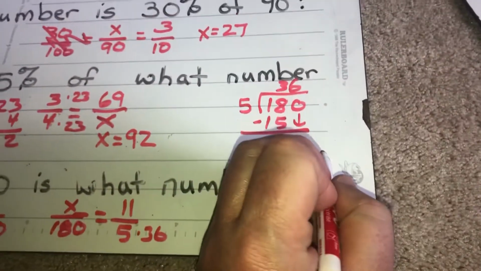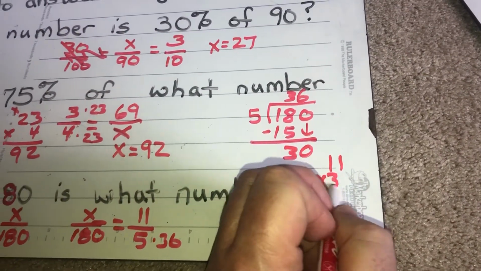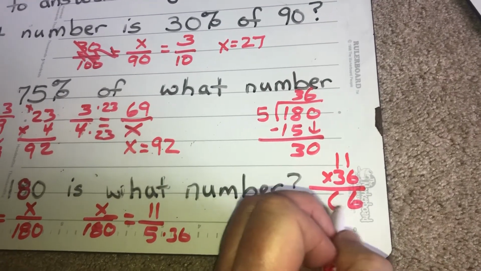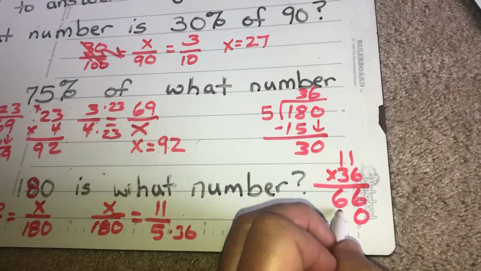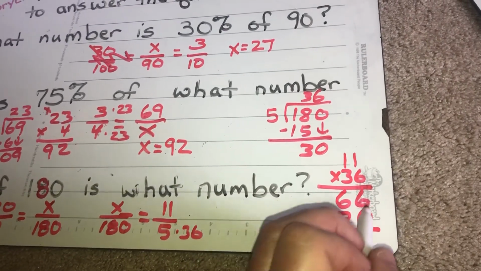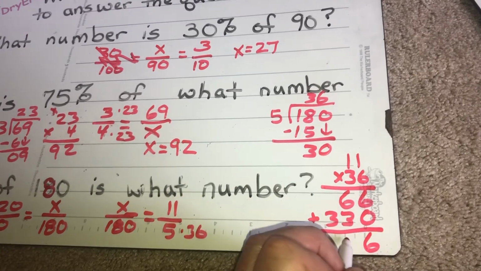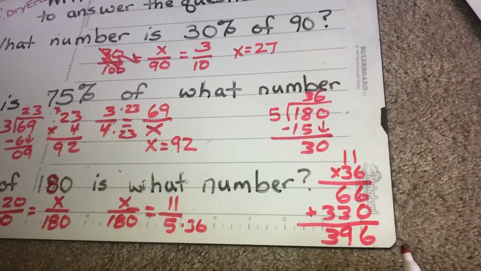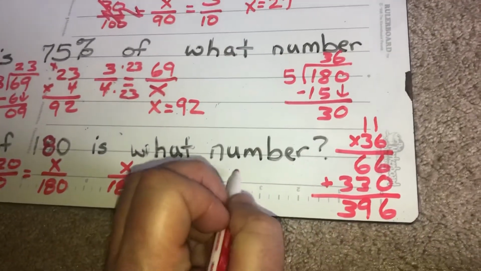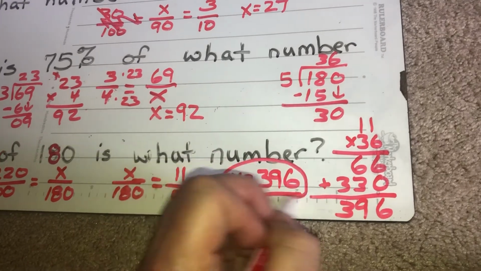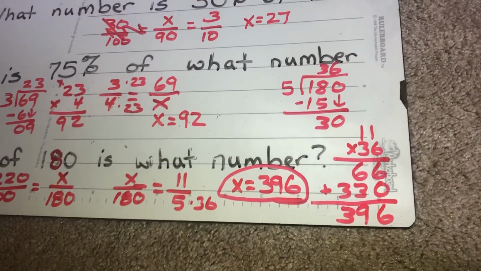So if I come over here, 11 times 36, 6 times 1 is 6, 6 times 1 is 6, drop the 0, 3 times 1 is 3, 3 times 1 is 3. I go ahead and add those together. 6 and 0 is 6, 6 plus 3 is 9, nothing plus 3 is 3, 396. X equals 396. All right, moving right along.